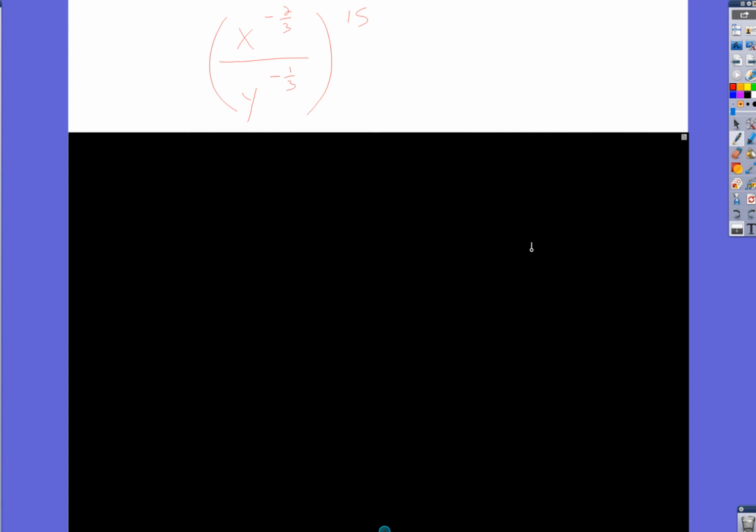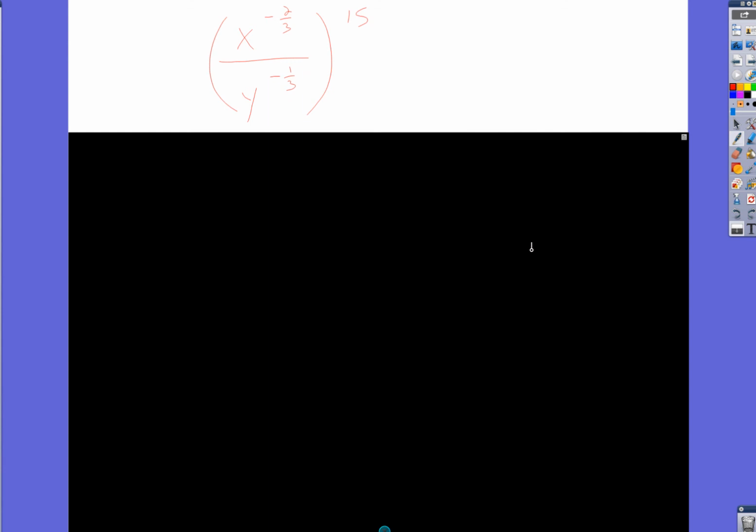Each term happens to have a fraction as an exponent, and not only a fraction, it has a negative. Because those are negative fractions, if I chose to start off simplifying those, I'd have to deal with the negative aspect first, which is what Cody said, I would have to flip them. I'd have to bring the x down and bring the y up. And you could, there's nothing that says you can't.